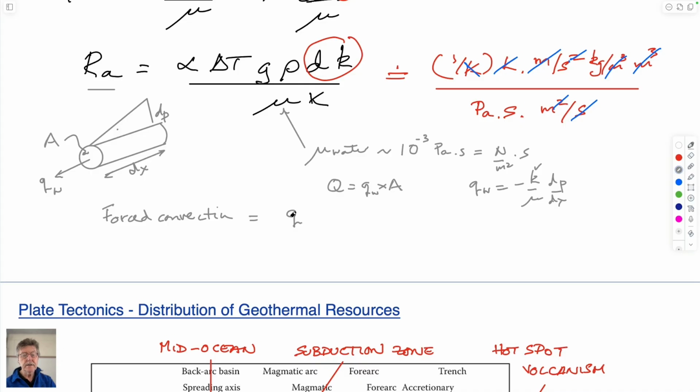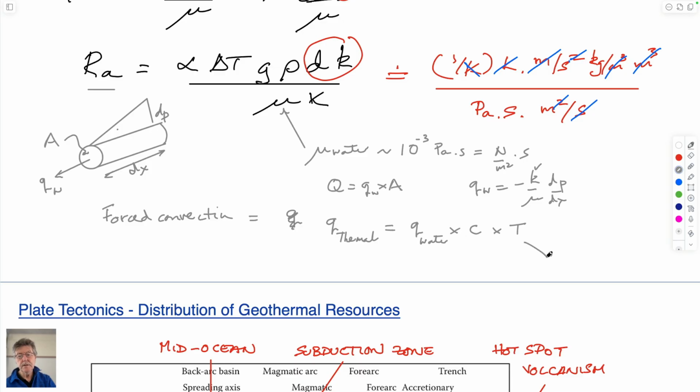And then forced convection, the thermal heat, would be equal to the fluid flow of water times specific heat capacity times its temperature.